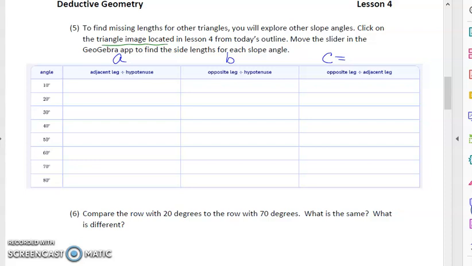I will at some point during the video show you their answer key for this table, because I think it's important for you to see what their answers are. You may be off by 1,000th. That doesn't necessarily mean your answer is wrong. We did find some slight differences in their table versus what we came up with. So if your answer and their answer are off by 1,000th, just write their answer down.